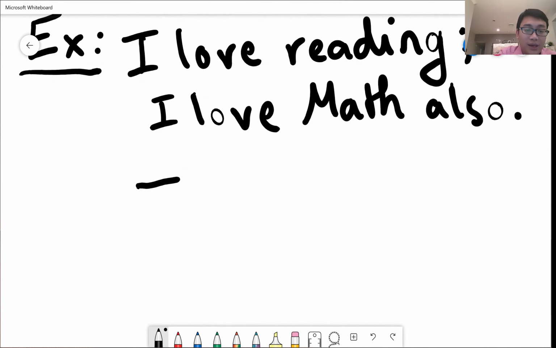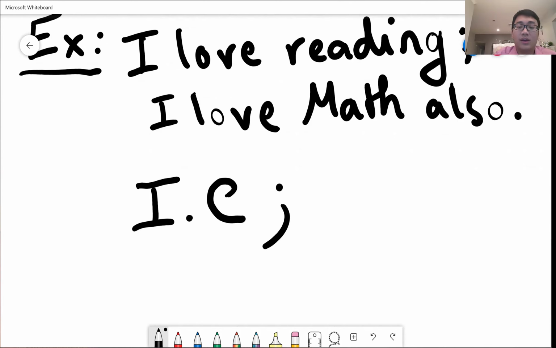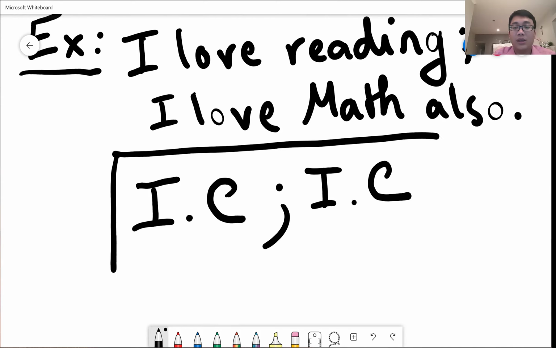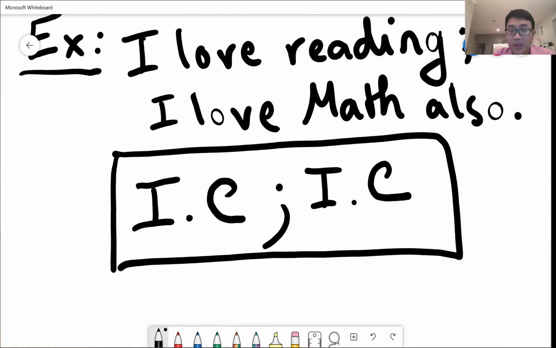So the formula we give the students is independent clause, semicolon, independent clause. Remember that. Before the semicolon must be an independent clause. After a semicolon, it must be an independent clause as well. So memorize this formula: independent clause, semicolon, independent clause.